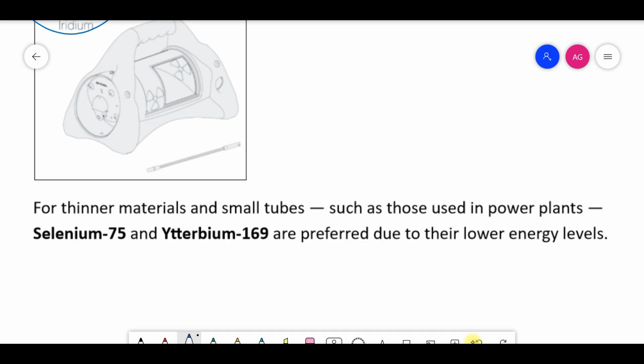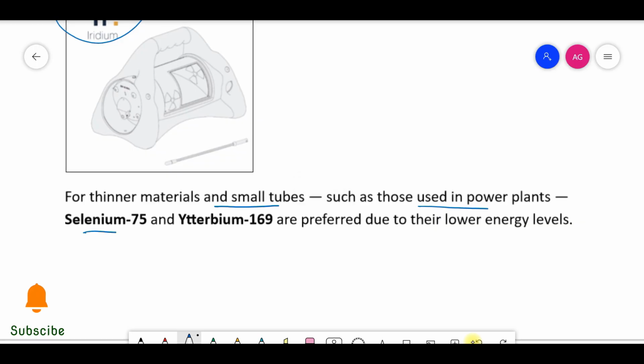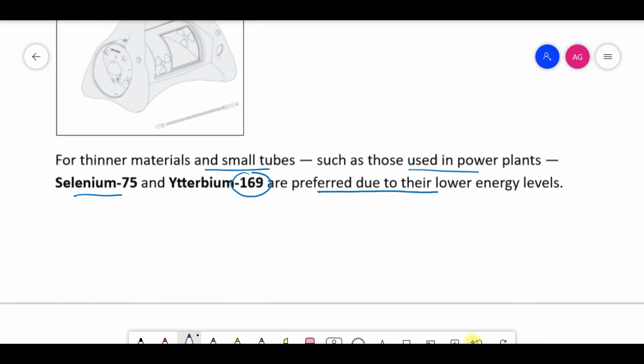Iridium-192. Apart from iridium and cobalt, for thinner materials and small tubes such as those used in power plants, selenium-75 and ytterbium-169 are preferred due to their lower energy levels. So in cases where the thickness is low, you can use both of these sources.